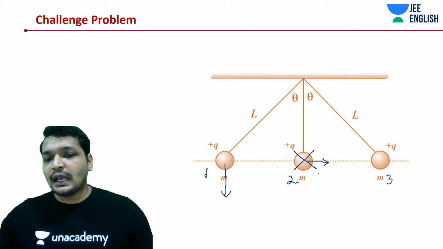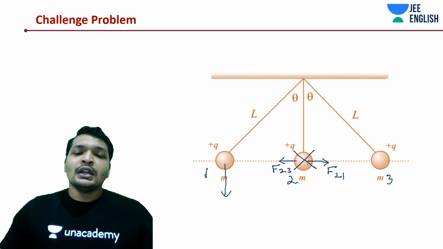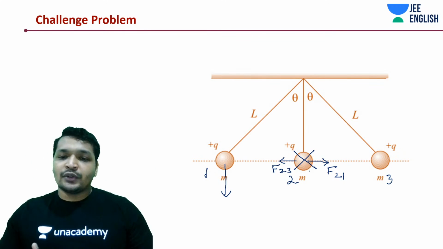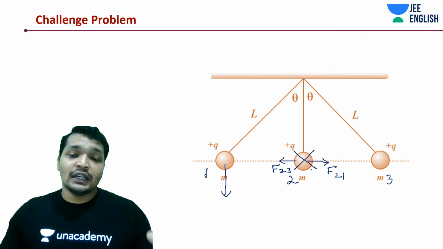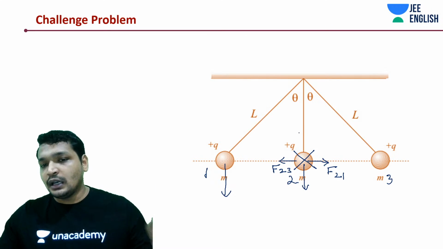F21 would be in this direction and F23 would be in this direction. Hence there would be no net electrostatic force on it. There would be a weight, but that is balanced by the string.